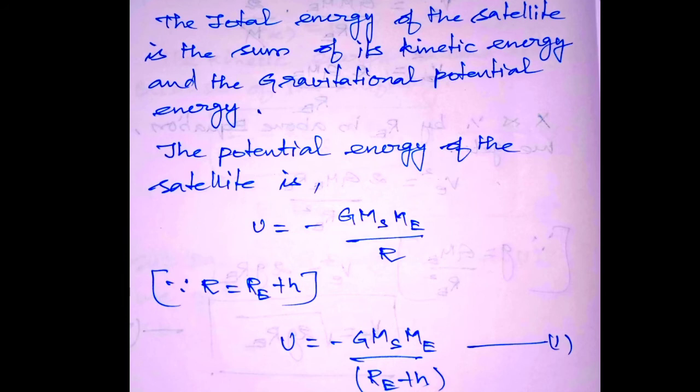We know the formula U equals minus G Ms Me divided by R. What does R represent? R represents the total distance from the satellite to the center of the earth. Therefore R equals Re plus h, and substituting, we get U equals minus G Ms Me by Re plus h.